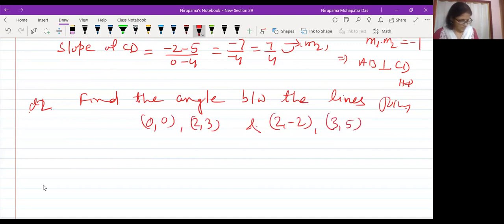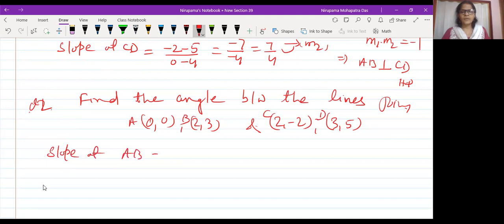Okay, so we are given two line segments, and the endpoints are given. So here you can write, it may be A, B, C, D. Okay, just name the points. Now you can say, slope of AB is 3 minus 0 by 2 minus 0, which is 3 by 2. Let it be M1.